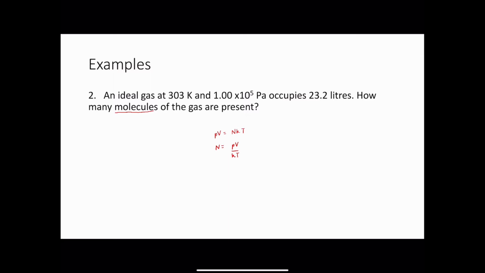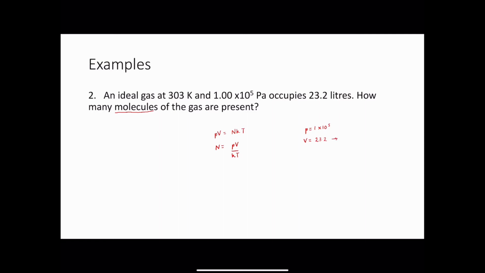Then I'm going to collect what numbers I need from my example. So the pressure is 1 times 10 to the 5 pascals. The volume is 23.2 litres, but we need that in meters cubed. So I know that 1 litre is the same as 1 times 10 to the minus 3 meters cubed.